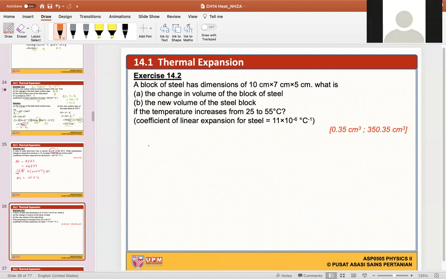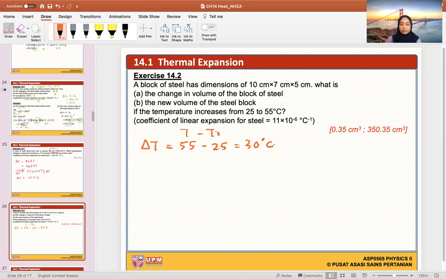So first, saya cari delta T untuk changing temperature. So 55 T new minus 25 old. So 55 minus 25. Okay. Dia akan jadi 30 degree Celsius. Then saya cari volume initial, V0.